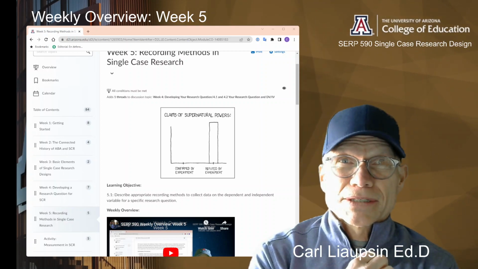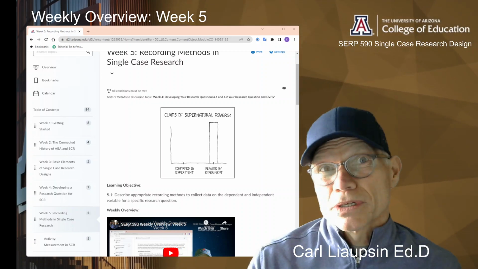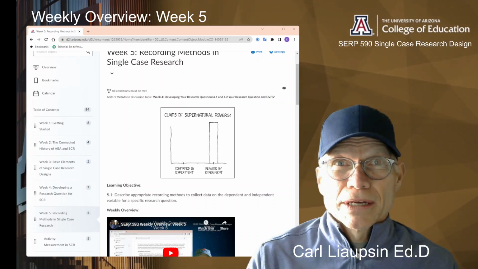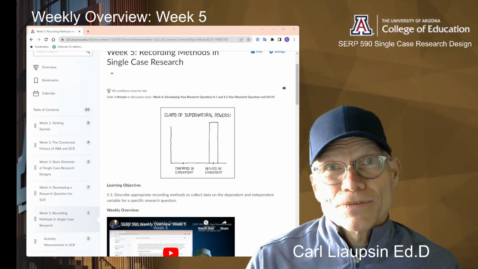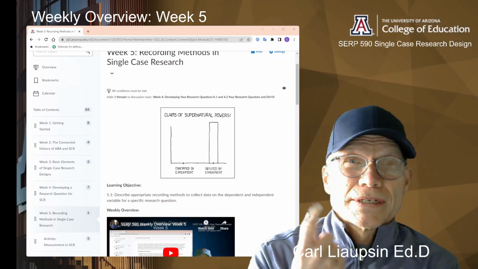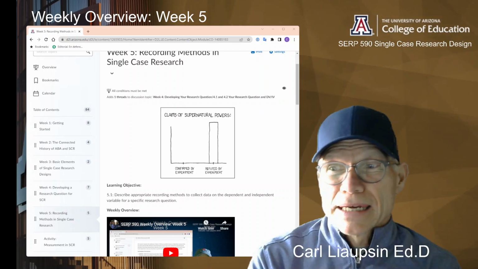Applied behavior analysis is supposed to have social benefit, and in our study, we want to collect data to show that we've implemented an intervention that has some social benefit. So, dependent variable, independent variable, social validity.